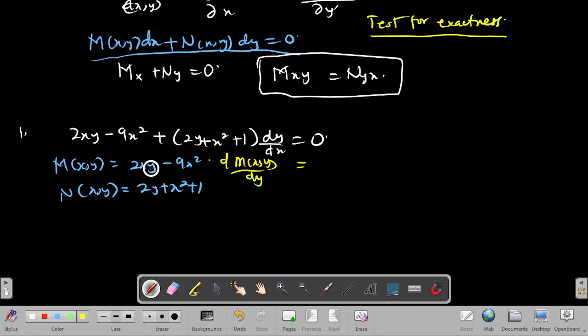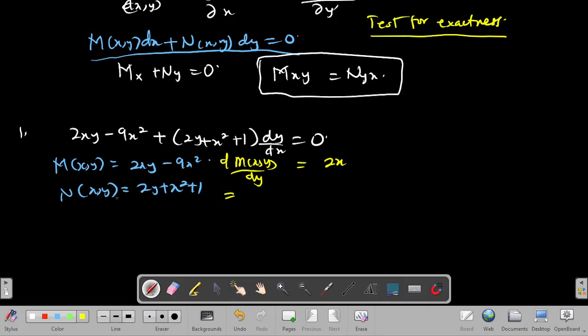So for 2xy, 2x is a constant and remains 2x, but when I differentiate y, it becomes 1. Therefore, my answer is 2x. For 9x squared, there is no y component, so it's a constant, so it's 0. Please take note: we are differentiating with respect to y, and if there is no y, it means 0. This is gone, so our answer is 2x.